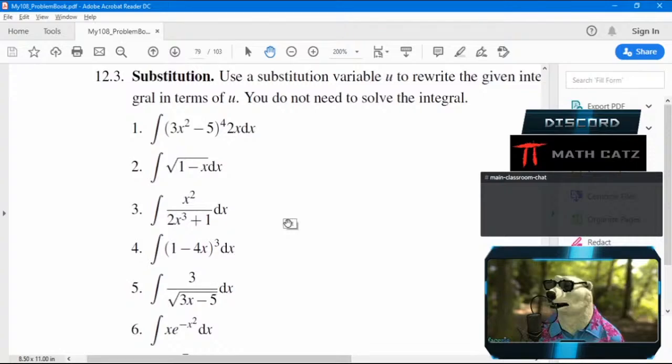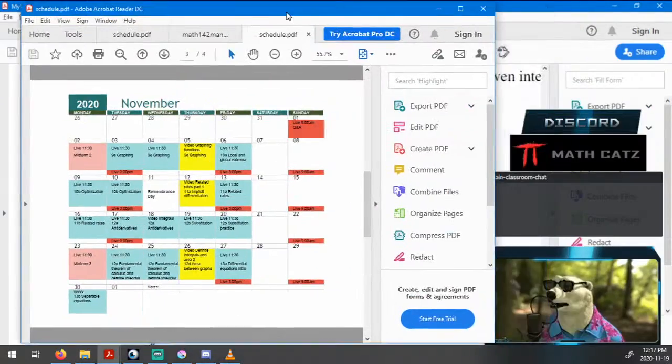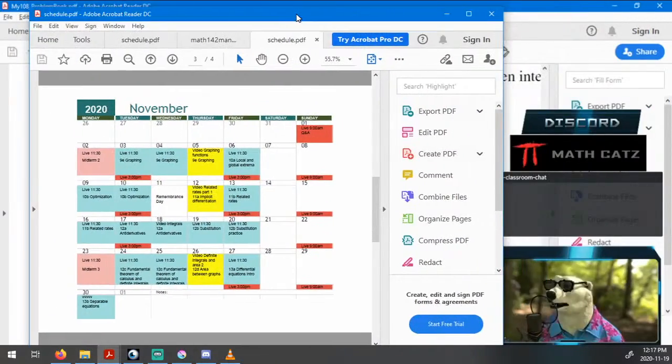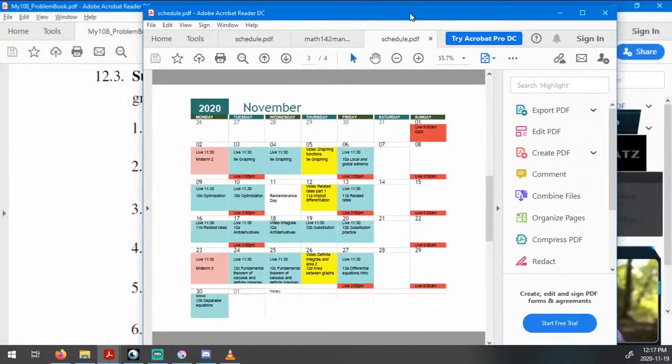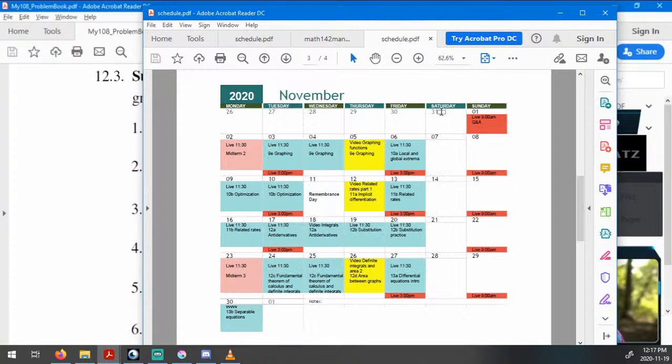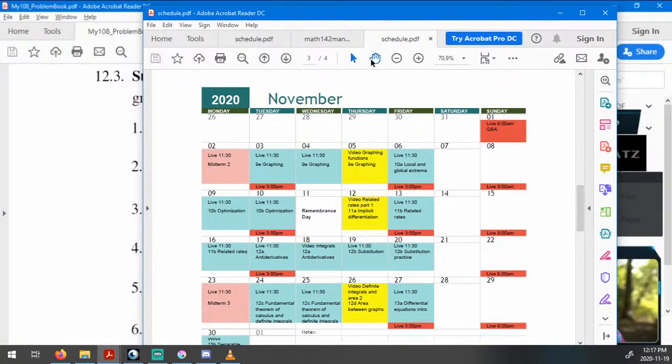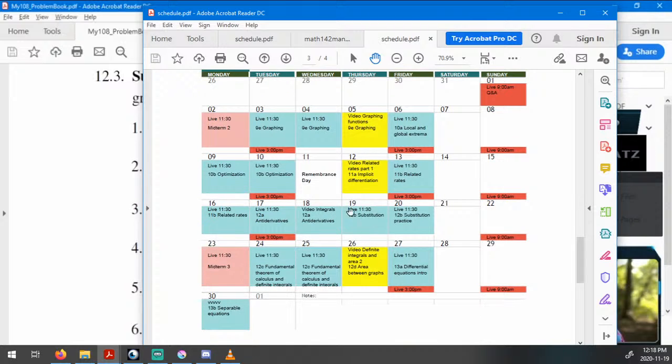When we look at our schedule, where are we now? 19th, substitution, right. I usually like to give 2 days for the substitution, just so you can go and think about it, see if you have any questions, and then tomorrow is more of a Q&A session.